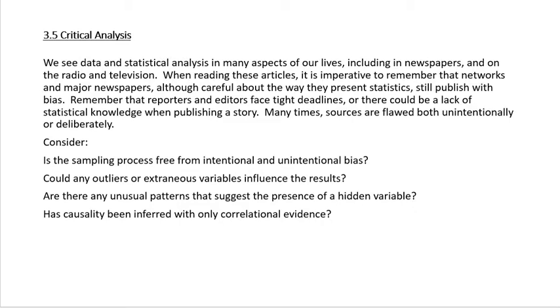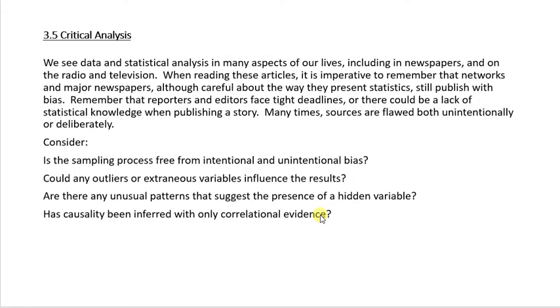So we actually took a look at outliers in section 3. We just recently talked about extraneous variables. Could any of those actually influence the results? Are there any unusual patterns that suggest the presence of a hidden variable? And has cause and effect been inferred with only correlational evidence? So again, we talked about correlational evidence.